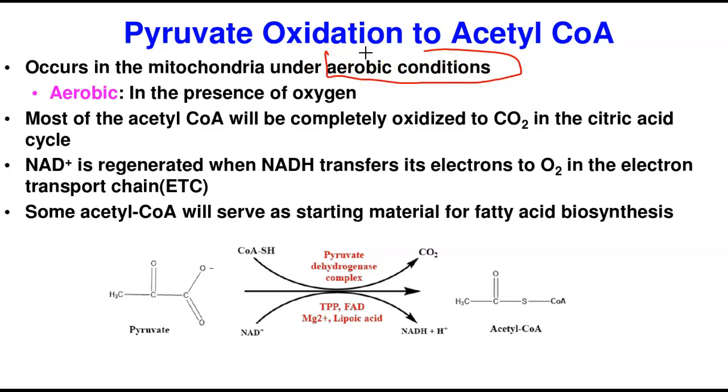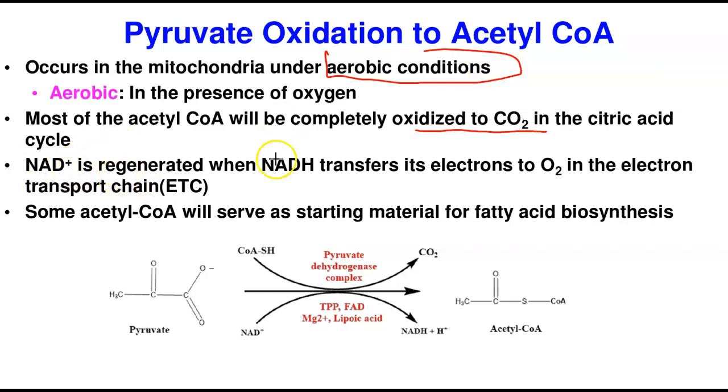Most of this acetyl-CoA will completely be oxidized to carbon dioxide in the citric acid cycle. So the acetyl-CoA will now enter the citric acid cycle, or the tricarboxylic acid cycle, and be broken down to carbon dioxide completely. And it is in the electron transport chain that the NAD+ is regenerated.